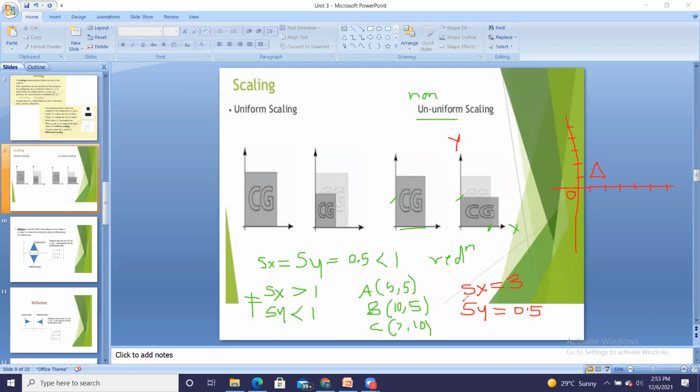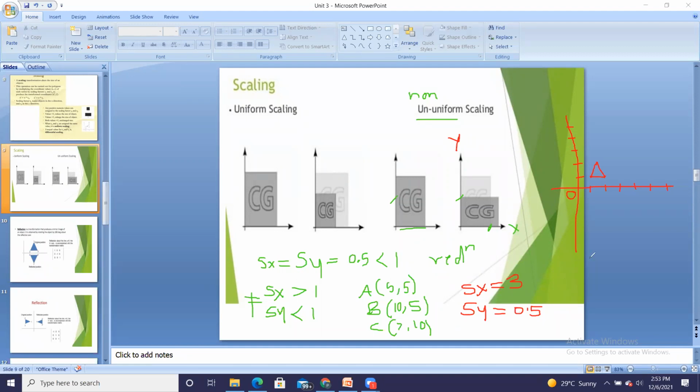Okay, so it is said that you have to expand along x-axis 3 times, and that's why the scaling factor becomes 3 along x-axis, and reduce the height by half. So scaling factor along y-axis will become 0.5. So these are the Sx and Sy with us. What is my job then? I have to multiply this ABC by this scaling.